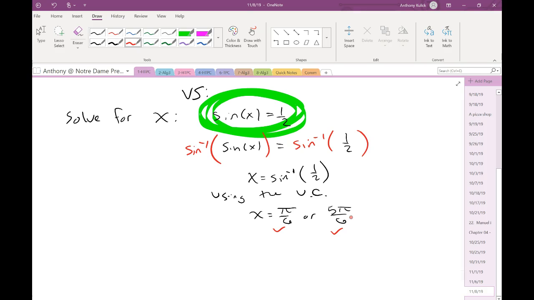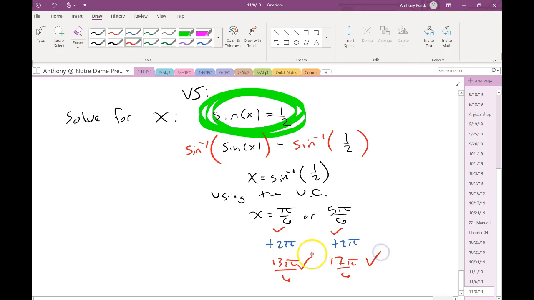What's another possible answer? If I add 2 pi to each of these and find an angle that's coterminal to it, those would both be answers. So 13 pi over 6 and 17 pi over 6 would also be answers. And you could add 2 pi to each of those and get another pair of answers.